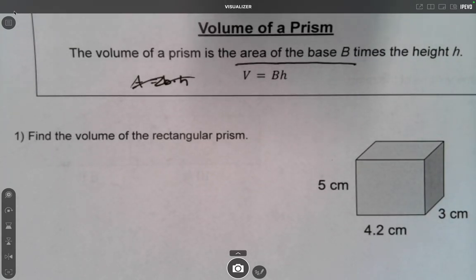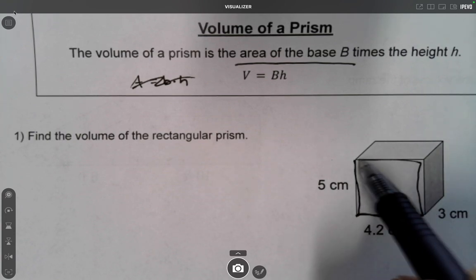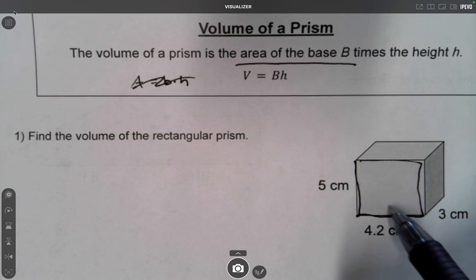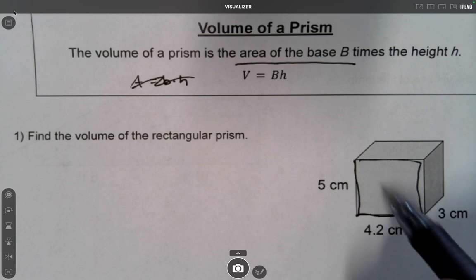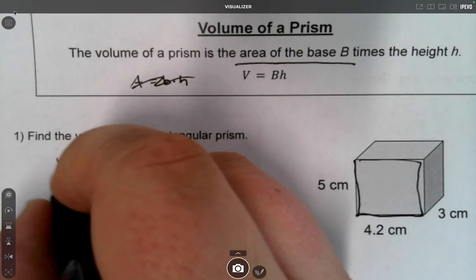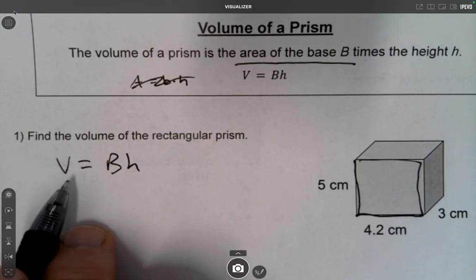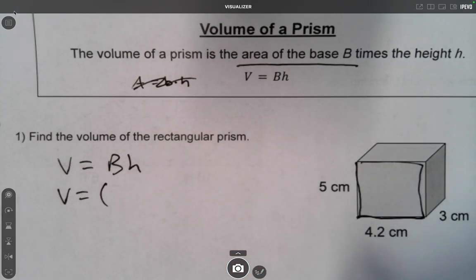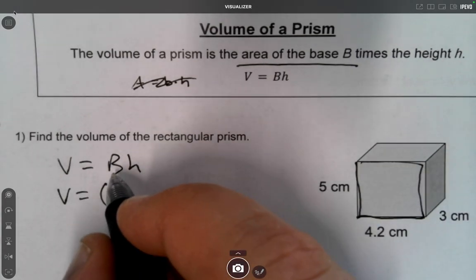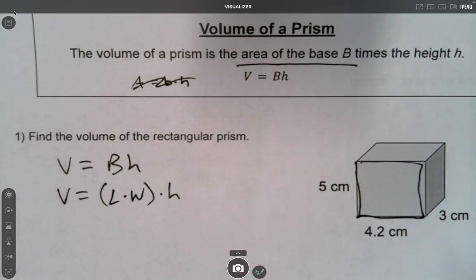This is a rectangular prism. So this will be considered its base, this front part. And then the back that we can't fully see is also the other base. So the area of a rectangle is length times width. So this is true for all prisms. Now specifically for this prism, since we have a rectangle as the base, we'll put in length times width for the capital B base.